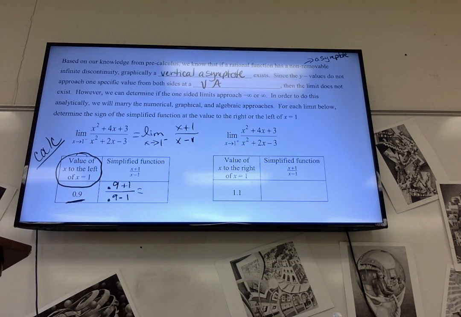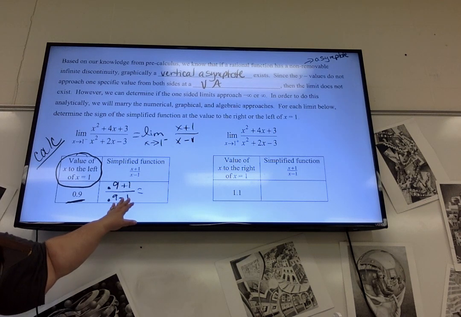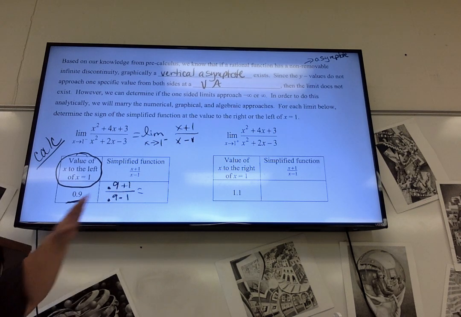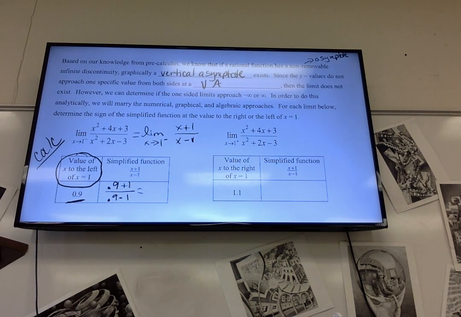So all we have to do here is figure out signs. We don't actually have to do this problem. I know that when I plug in 1, in this case, it gives me 2 over 0. So I know it's going to be infinity. I just don't know if it's positive or negative. So 0.9 plus 1 is a positive number.